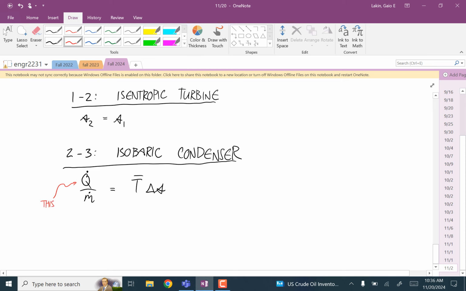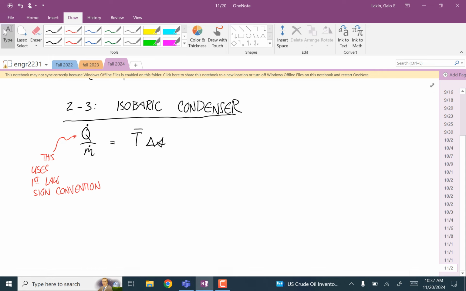So this Q dot in this statement uses the first law sign convention. At the condenser, we have heat leaving, so it has to be negative. So we're going to replace this Q dot with negative QC dot.